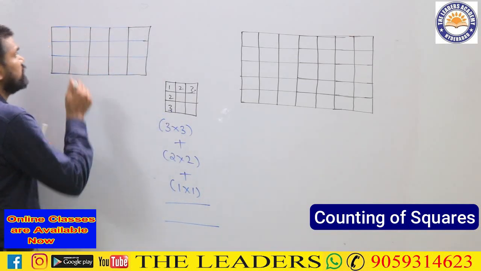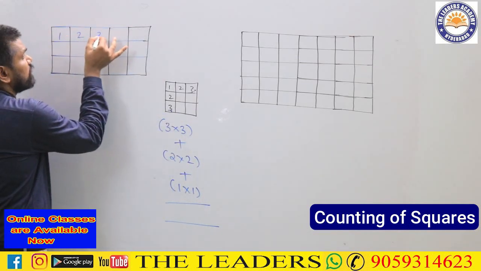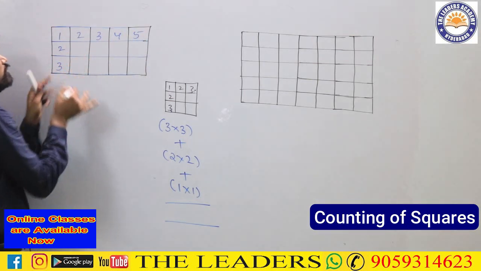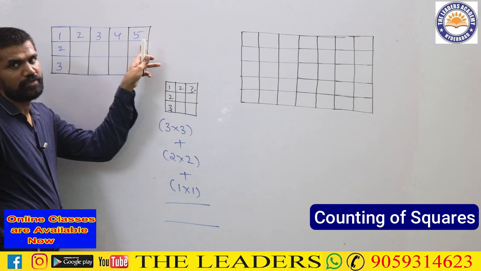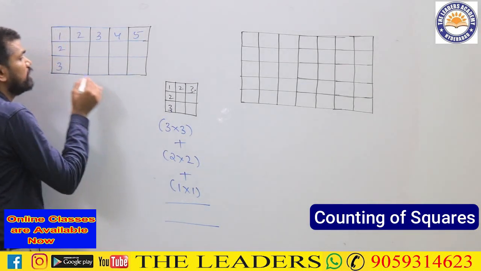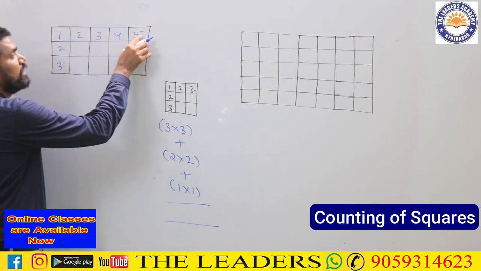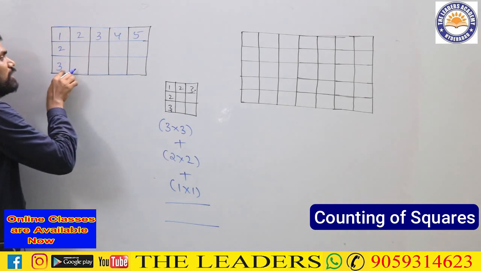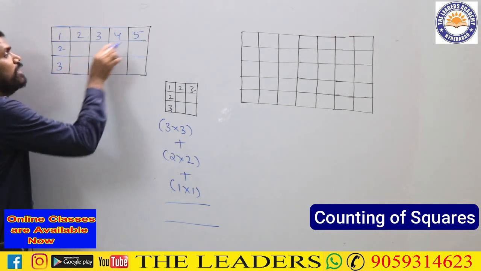Now here, it is a rectangular grid because the number of rows and columns are not equal. In such a case, please write down the consecutive numbers over there. After that, start by multiplying largest with largest, largest row-wise and largest column-wise. Whatever numbers are written, you multiply those.